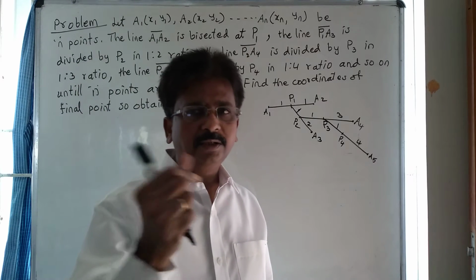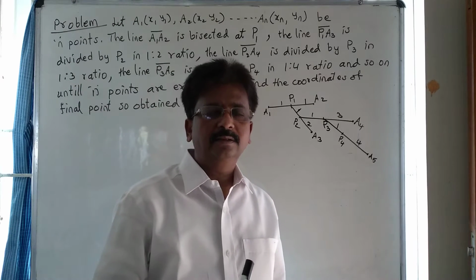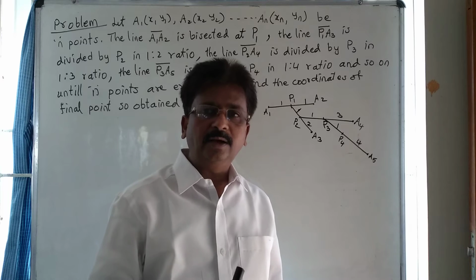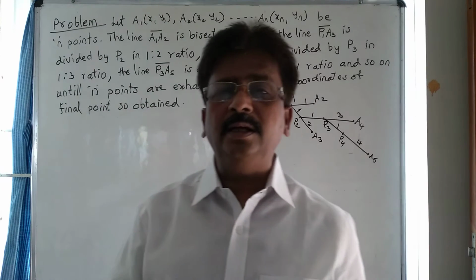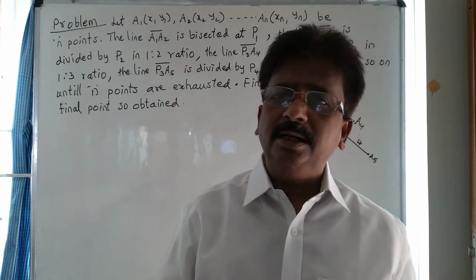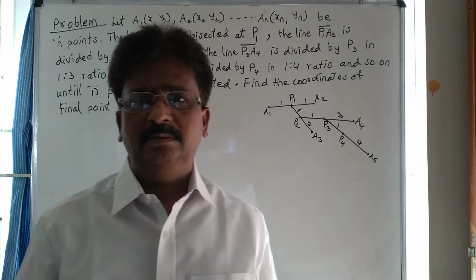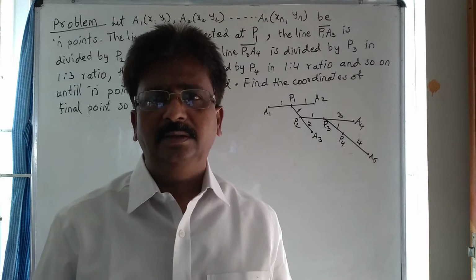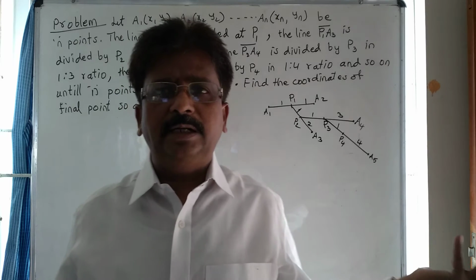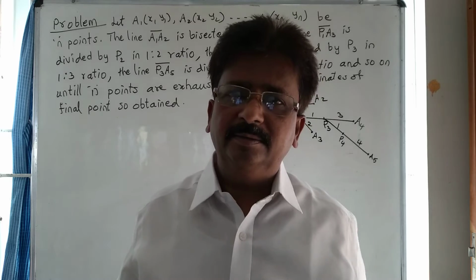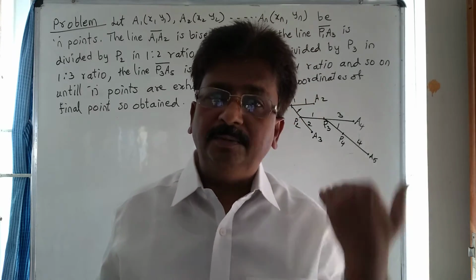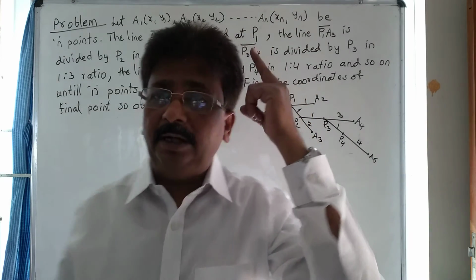Logically, can you say? The student should identify logically how many dividing points are possible. The given points are n, but the number of dividing points is not given, so we have to find it.